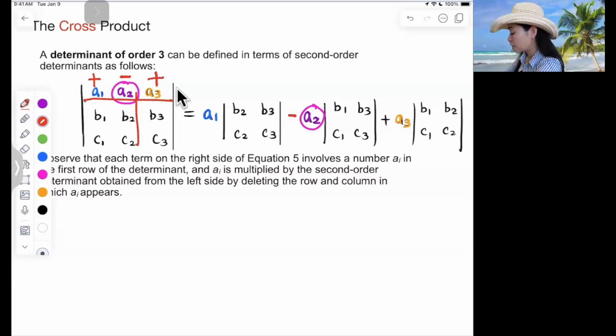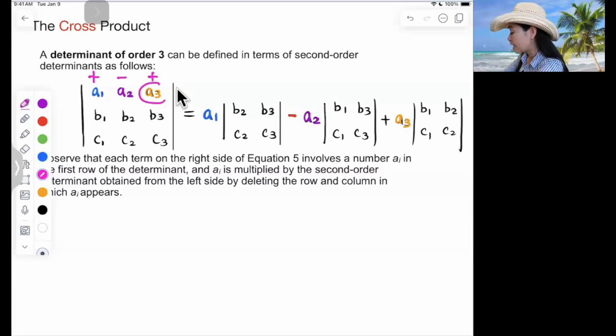Then the submatrix will have this and this, right? It's the determinant of the submatrix. So A1, and you cross out its row and column, and then A2, you cross out its row and column. And finally you take A3. Remember, this is addition, subtraction, addition.